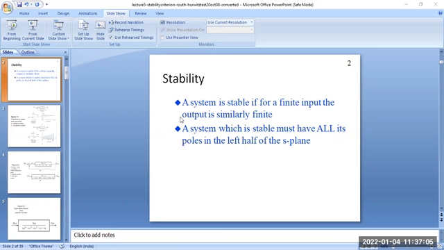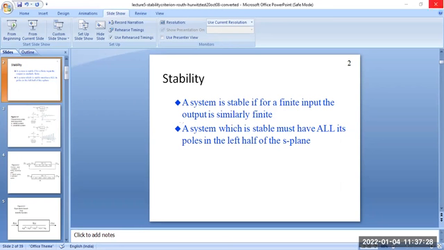So this is basically stability analysis of a control system. A system is stable if, for a finite input, the output is also finite. A stable system must have all its poles in the left half plane of the S plane.